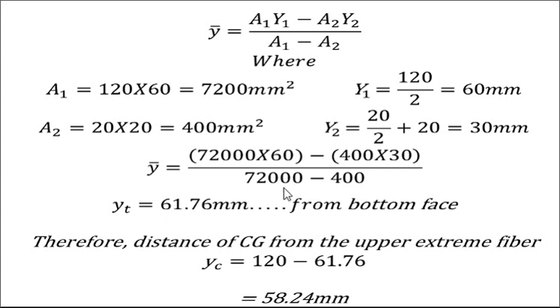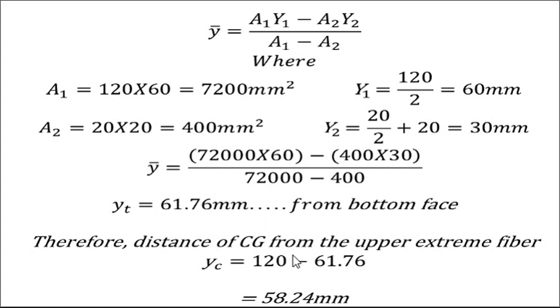After calculation we get the yt value 61.76 mm from the bottom face. Here it is not 72,000, the value of a1 is 7200. So just make a correction here. That yt is the neutral axis position from the bottom face, that is 61.76 mm.